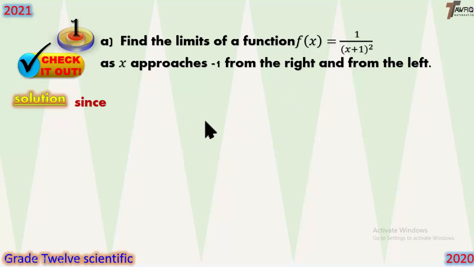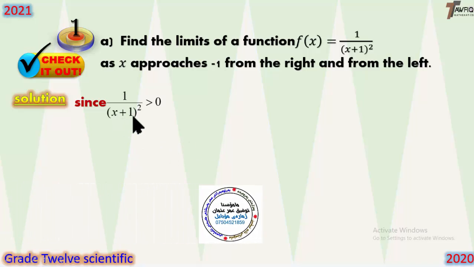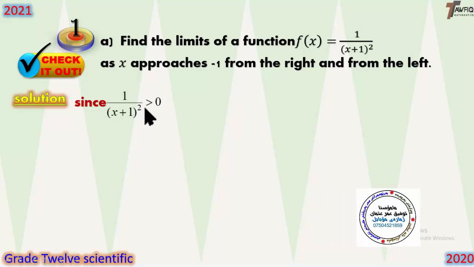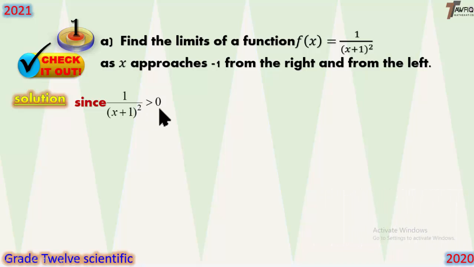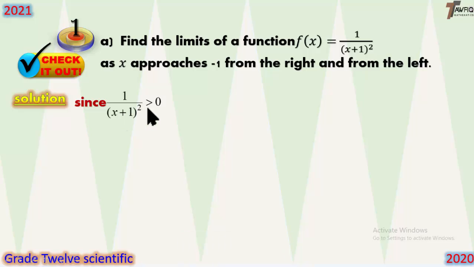You can see that 1 over (x plus 1) squared is bigger than 0 because any number squared is positive, and a positive over positive is a positive number. That means it is bigger than 0. Therefore, the limit from both sides goes to positive infinity.